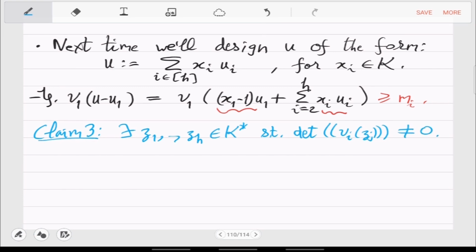It's an invertible matrix. Okay, so this is an H cross H matrix. It's a square matrix, and we are saying that it's an invertible matrix.